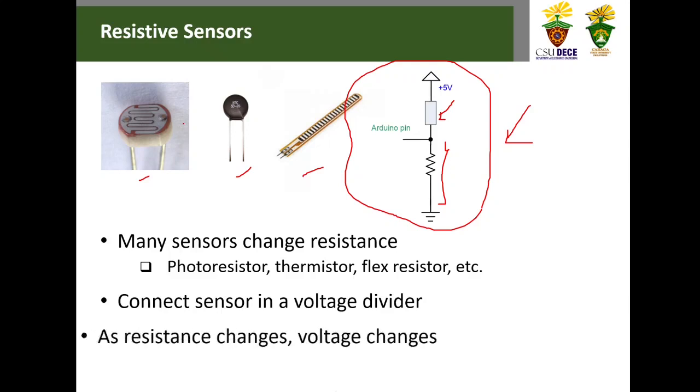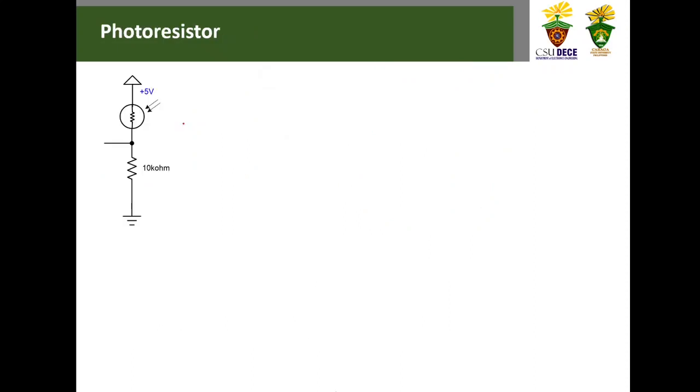Right, as resistance changes, voltage changes, as I have mentioned earlier. Now let us dig deeper into one example of a resistive sensor, and that is our photoresistor.